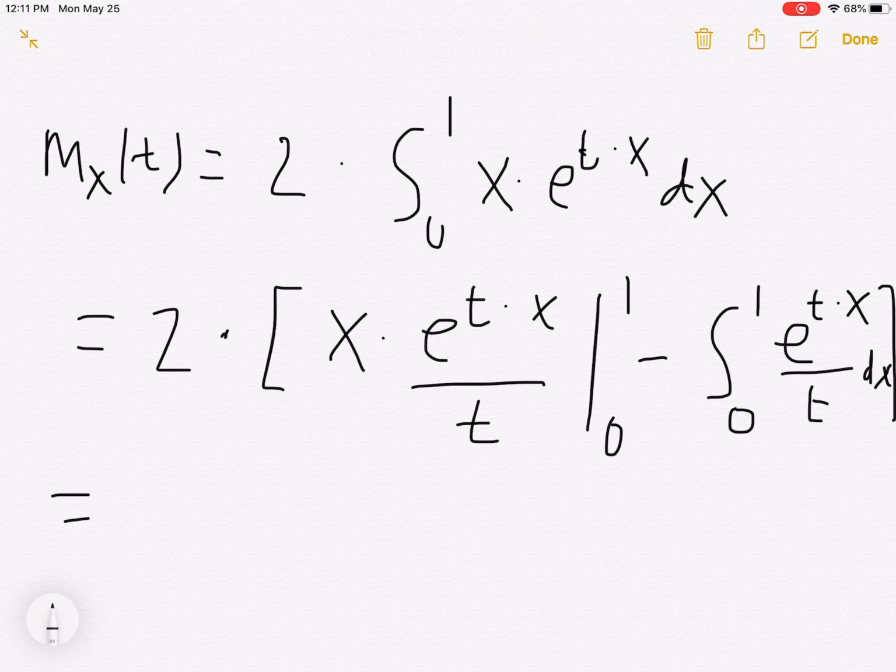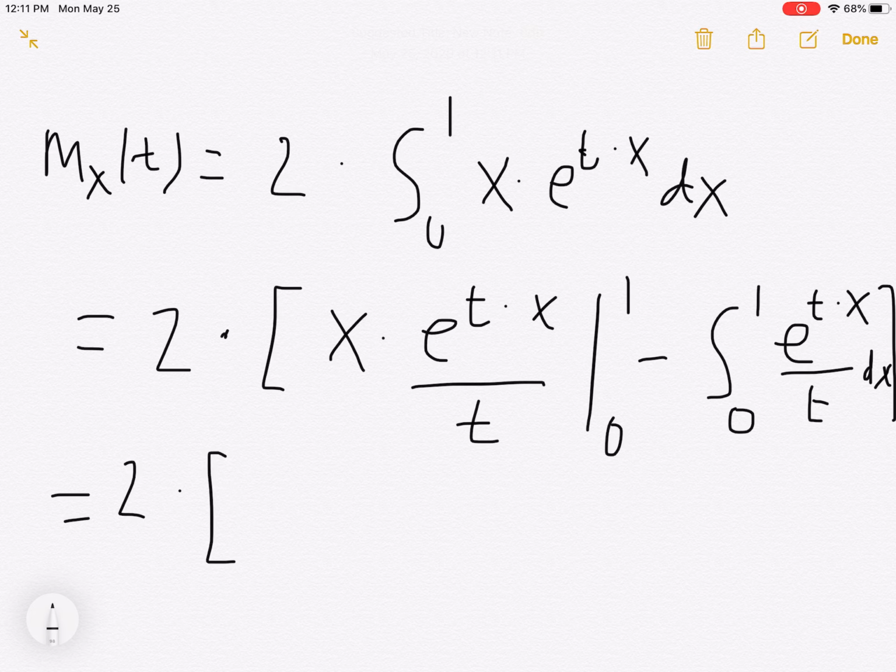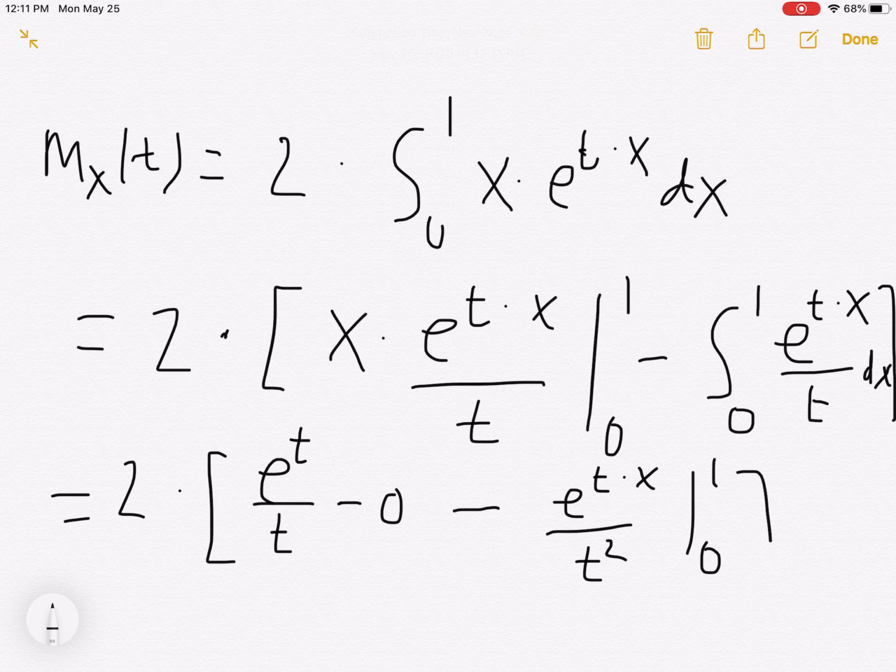Now, when we evaluate this, we'll see that this will be 2 times, well, when x is 1, we'll have e to the t over t. When x is 0, everything is 0. So minus 0 minus this antiderivative, e to the t times x over t squared evaluated at 0 and 1.